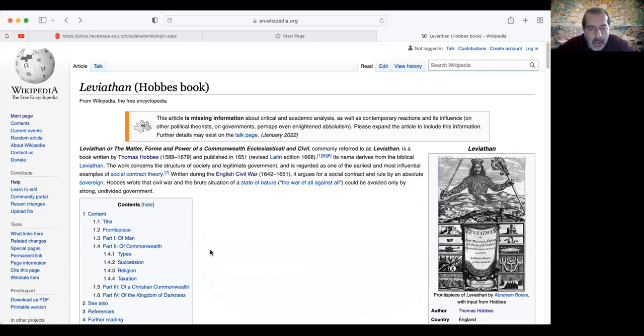He argues, for example, not for the existence of a king, but for a governing body, which could be a kind of parliamentary organization or a kind of aristocratic organization or even a kind of oligarchy.